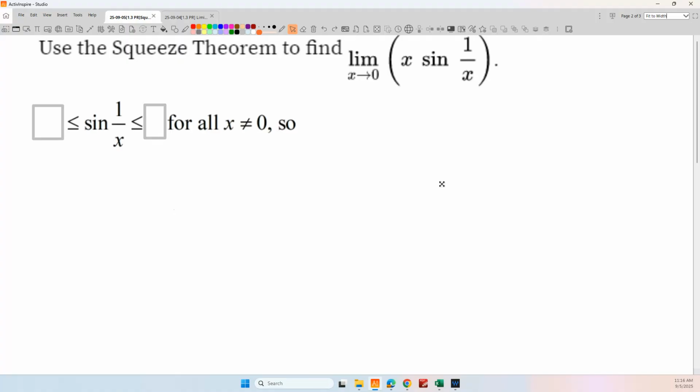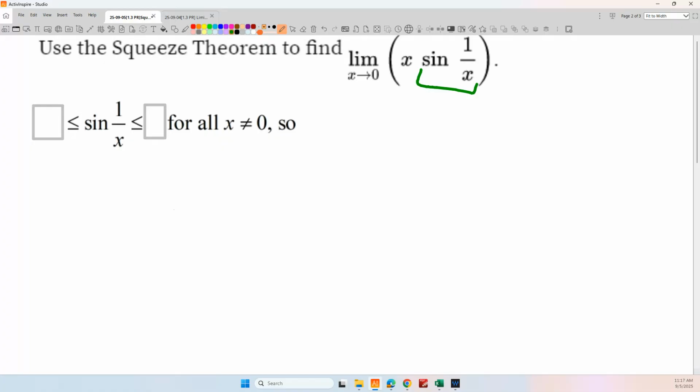Okay, let's look at it this way. Let's look at just the sine part of this expression, the sine of 1 over x. But I could say the sine of anything is always greater than or equal to... What's the minimum value of the output of sine?